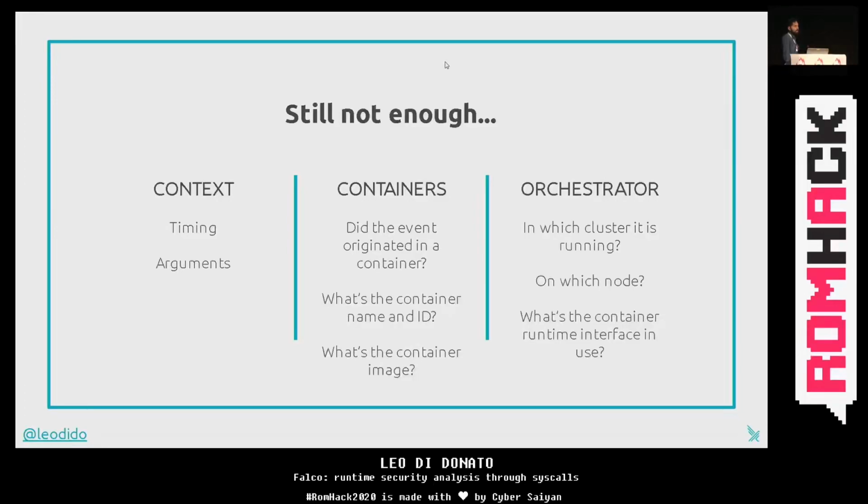So there's another difficult point here: to create a way for Falco to asynchronously process every kind of information coming from Kubernetes, container metadata, or other sources, and reconcile the data later with the syscalls information.